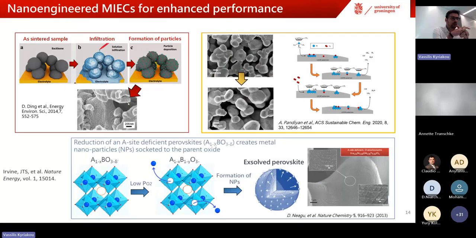A typical thing that we do, you can see it here, is introducing deficiency at the A side. Practically, you have also more space for the ion to diffuse and precipitate after it reaches the metallic state. And you can create very beautiful nanostructures.